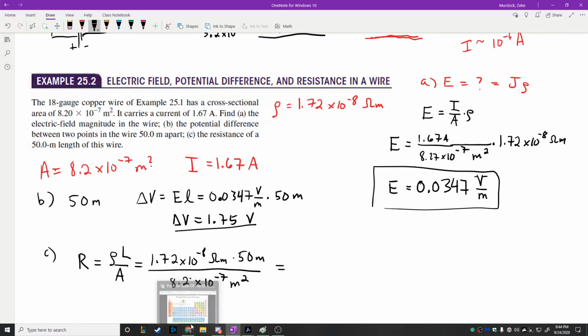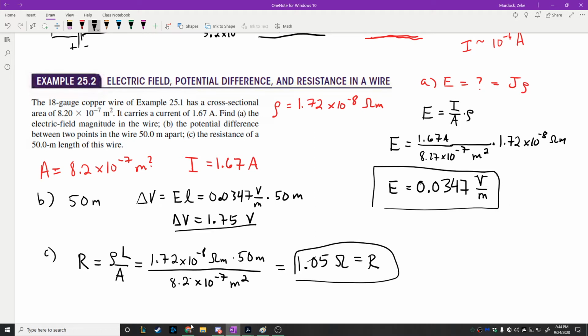Units work out when we do this. So about 1.05 ohms is what I got. Yep, it looks like you guys got the same thing. Okay. Pretty easy stuff, right?